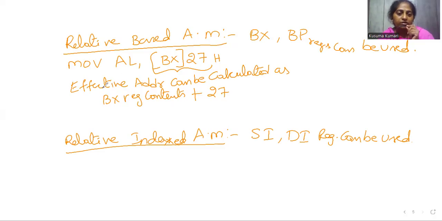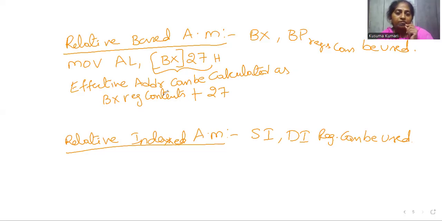With that effective address, the physical address can be calculated, and once the physical address is calculated, the memory location is identified. Then the data can be transferred to AL.